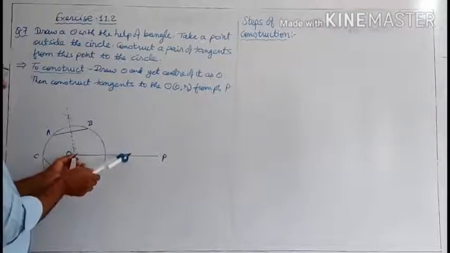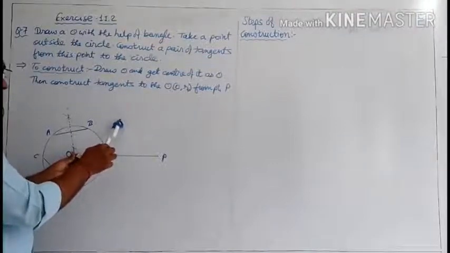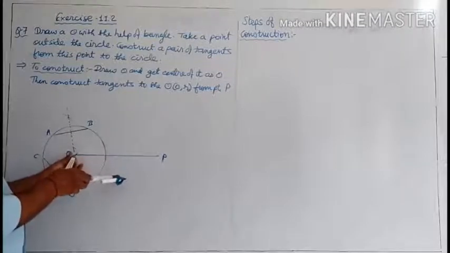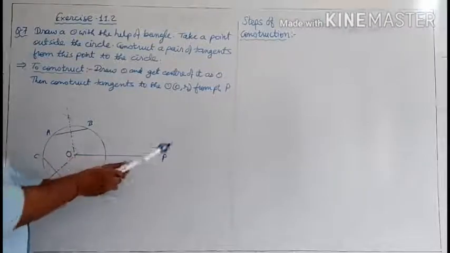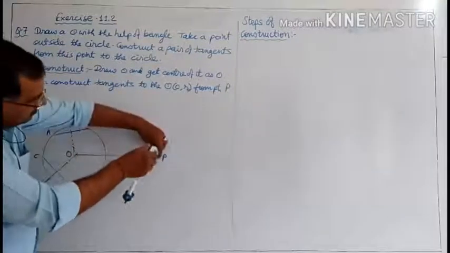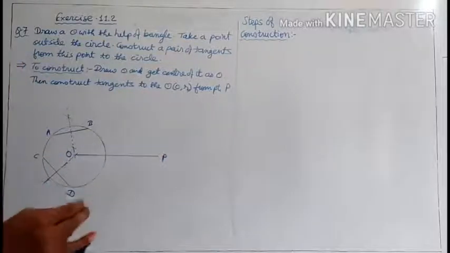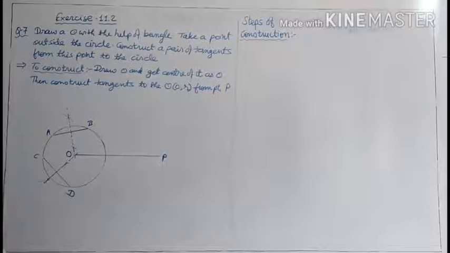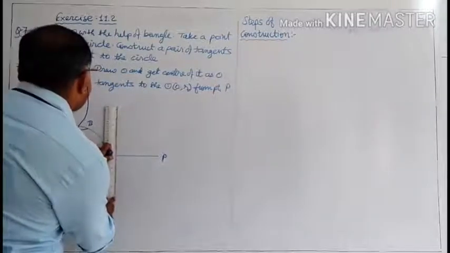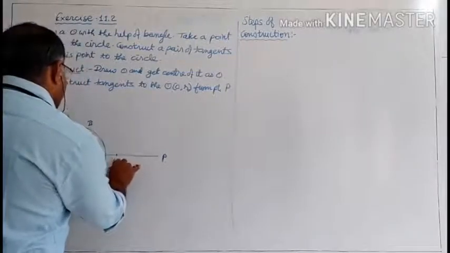For that, we draw the perpendicular bisector of OP. Now you will get the perpendicular bisector. That gives us M as the midpoint.